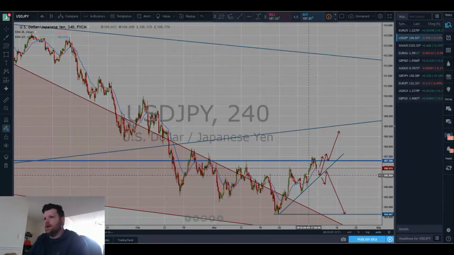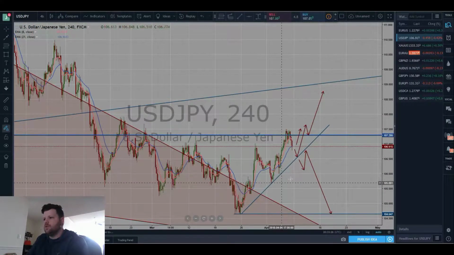That being said, UJ on the 4-hour time frame, I've added a trend line right here, and I've also added this horizontal ray down at the bottom, just representing market structure. So if we do look at market structure on the 4-hour time frame, this has gone bullish as far as market structure goes.